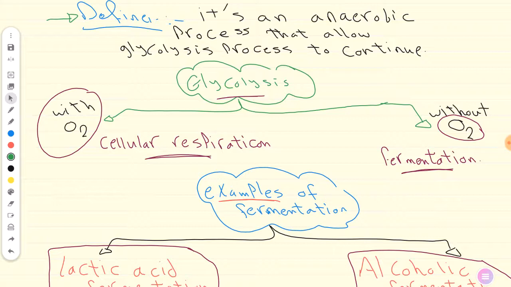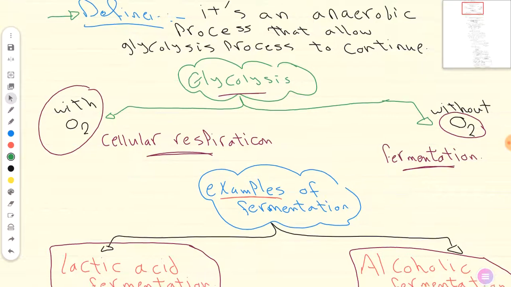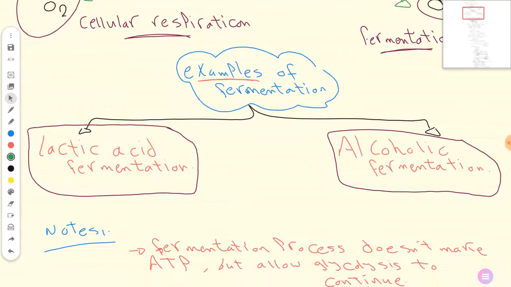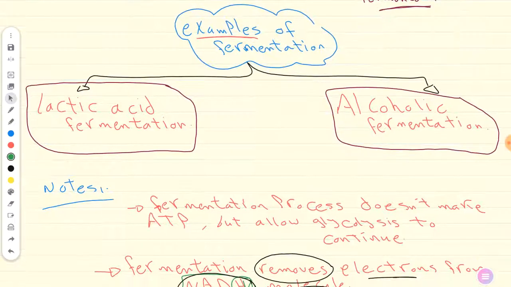But in the absence of oxygen, this process will complete as the fermentation process. Let's talk about some examples of the fermentation process. We have two main examples in your curriculum: lactic acid fermentation and alcoholic fermentation.